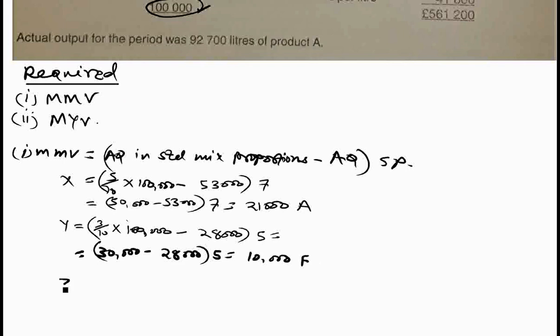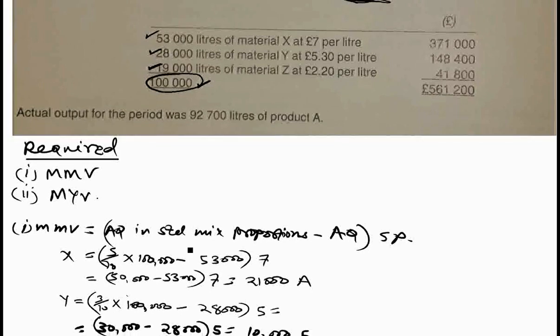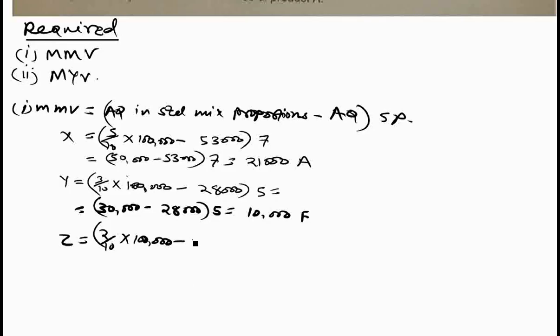And finally for Z, it is 2 over 10 times 100,000 minus the actual quantity used, which was 19,000, into the standard price.